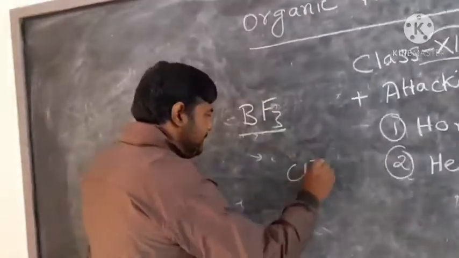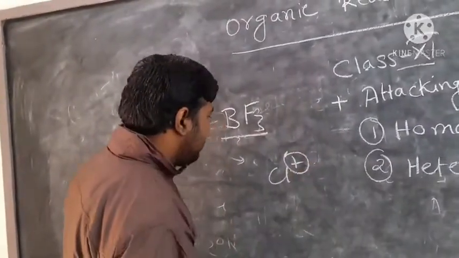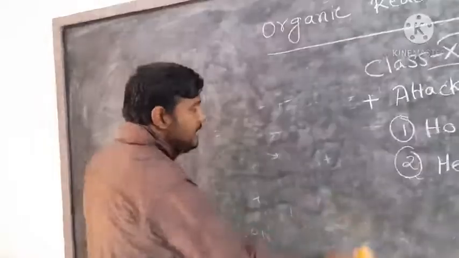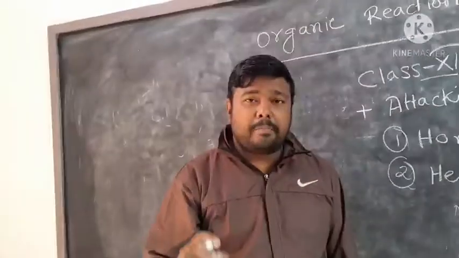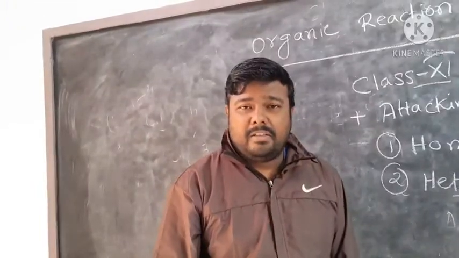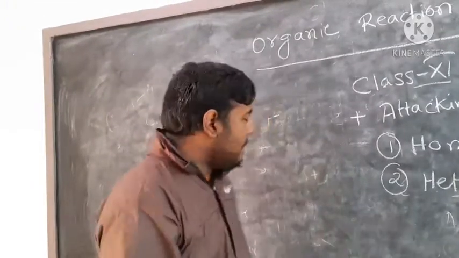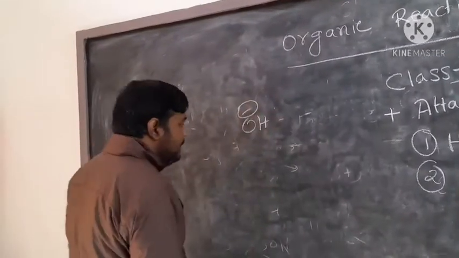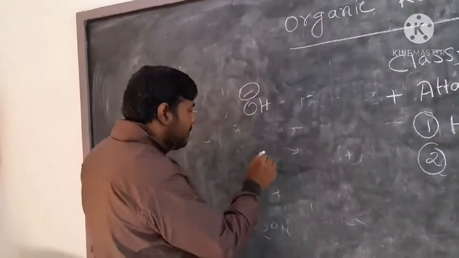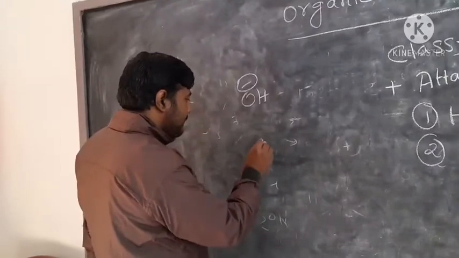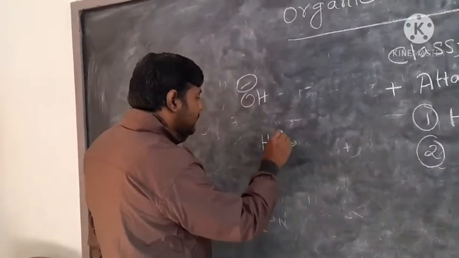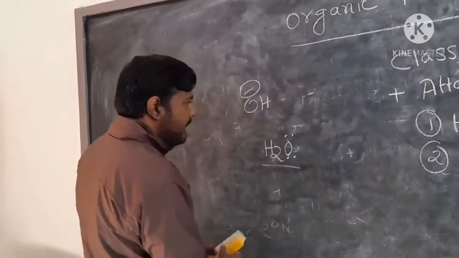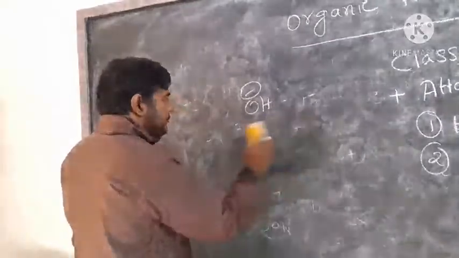And Cl plus can also act as an electrophile, etc. But nucleophiles are species bearing excess electrons. Just like OH minus, see, excess electrons are there, so it is a nucleophile. And if we consider a neutral molecule with excess lone pairs, H2O, that is also a nucleophile, etc.